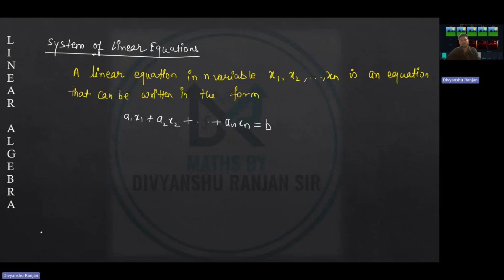Here a1, a2, up to an and b are real or complex numbers.